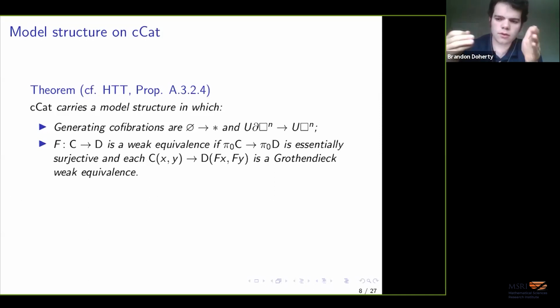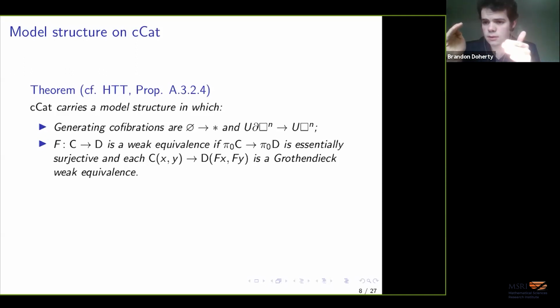We have this result here, which can be obtained by applying a proposition from Higher Topos Theory, which says that the category of cubical categories carries a model structure where the generating cofibrations consist of the map from the empty cubical category into the terminal cubical category, so where you've just got one object and an identity, together with all of the maps U of the boundary of box n into U of box n.